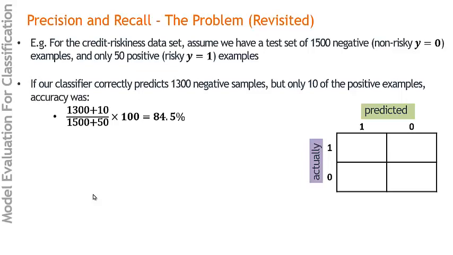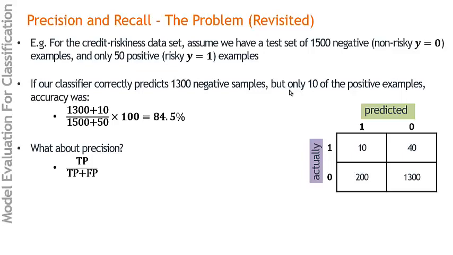So let's see how precision and recall work on some of the cases we looked at before where accuracy was not a good measure. Okay. In this case where we had 1,500 negative examples and 50 positive, and it correctly predicted 1,300 negative, but only 10 of the positive. So we have our confusion matrix here.